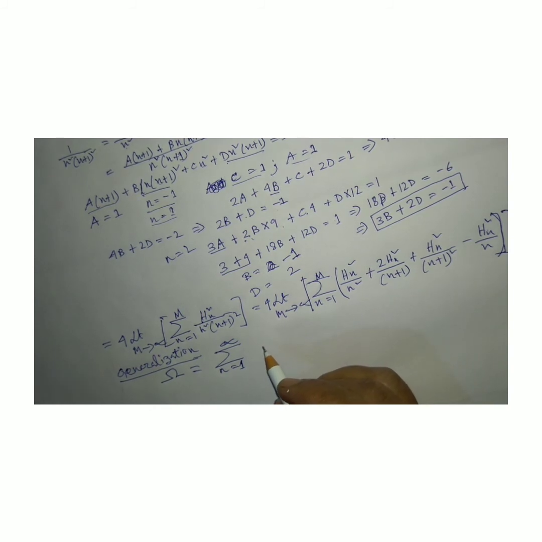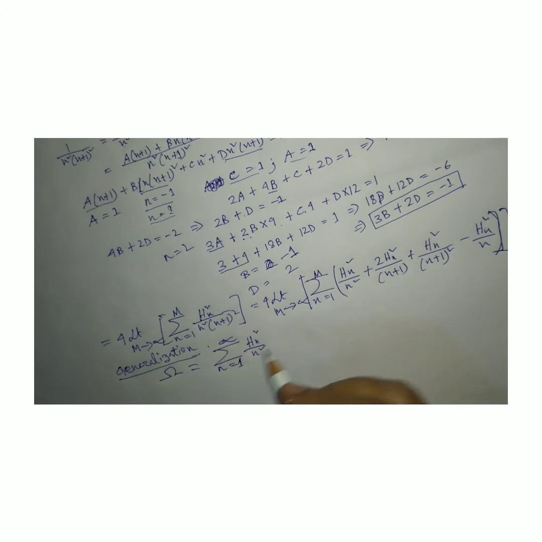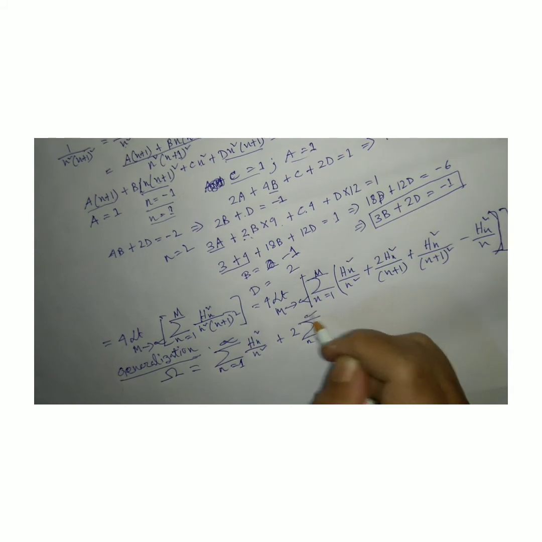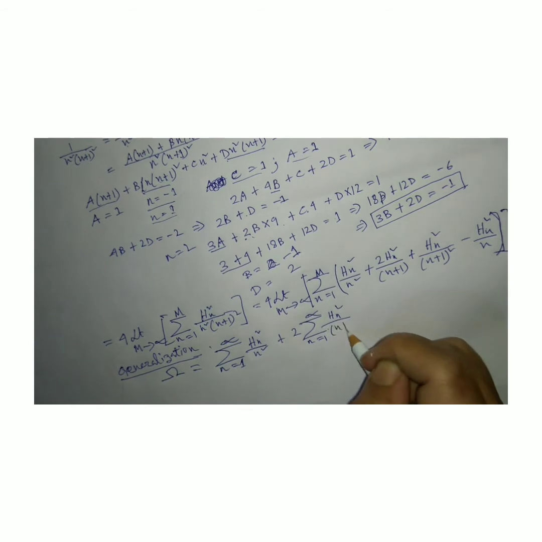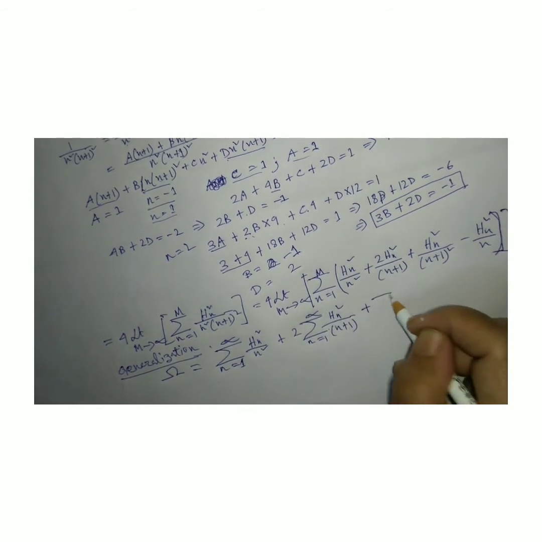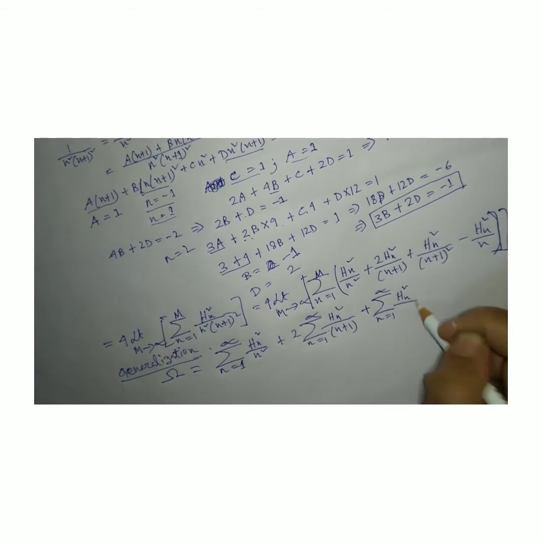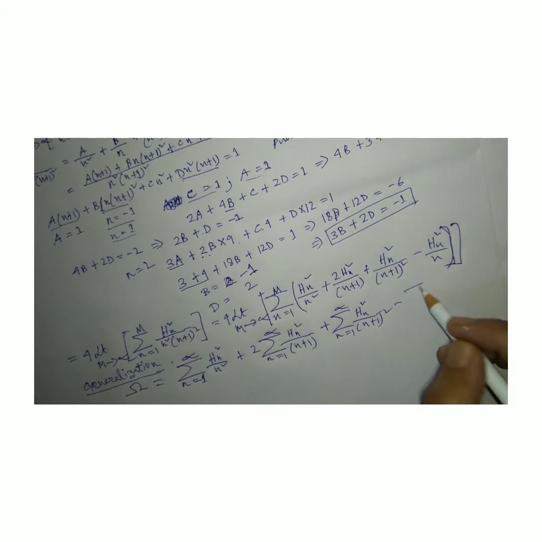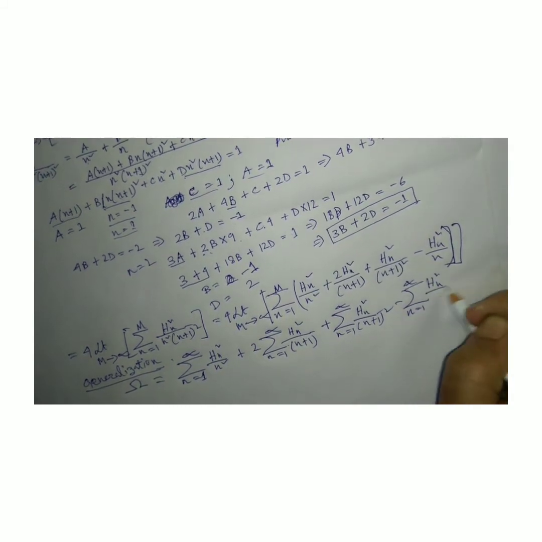I can write this series and express it as omega. So omega equals summation n equals to 1 to infinity h square n by n square plus 2 into summation n equals to 1 to infinity h square n divided by n plus 1 plus summation n equals to 1 to infinity h square n divided by n plus 1 whole square minus summation n equals to 1 to infinity h square n divided by n.